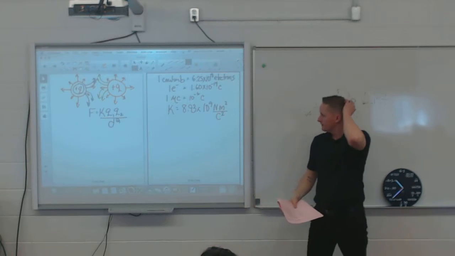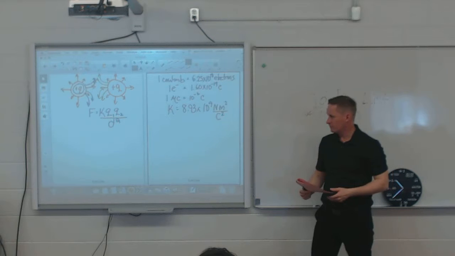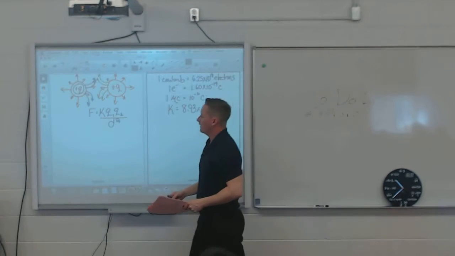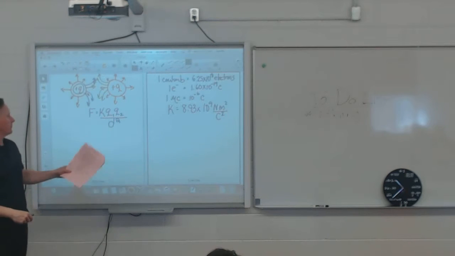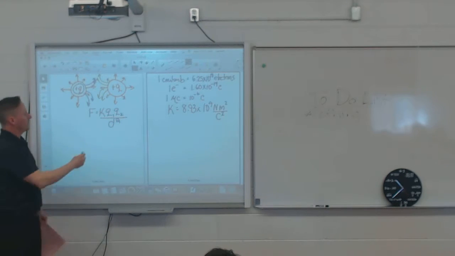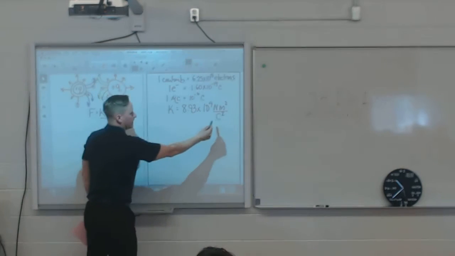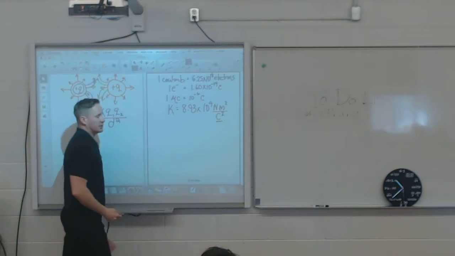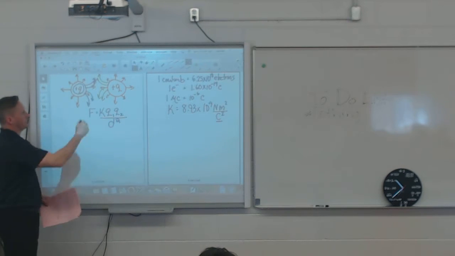Okay? So that's Coulomb's constant. Now, when we do these questions, your charge has to be in coulombs because your units is coulombs for your constant. So you need to always change microcoulombs to coulombs.